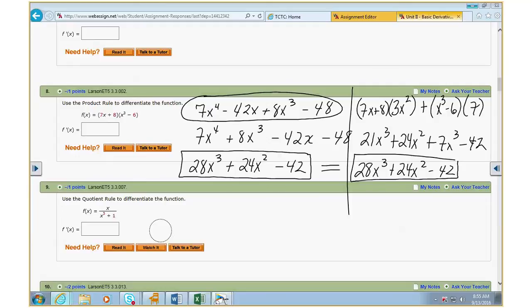When you see "use the quotient rule to differentiate the function," you do not sit there and go, okay, I'm going to use the quotient rule. Okay, I'm done. You need to figure out other ways to do it, because why do you spend 3 years of calculus to be an engineer? So you can waste time? No, because the whole purpose of calculus, write this down, is to manipulate a problem.